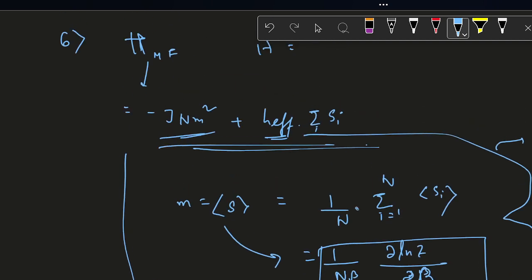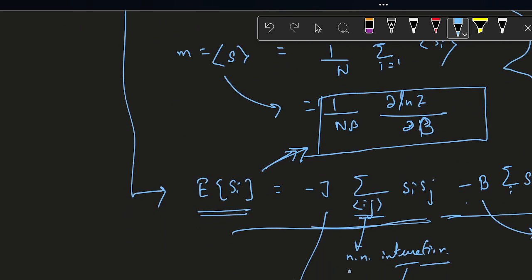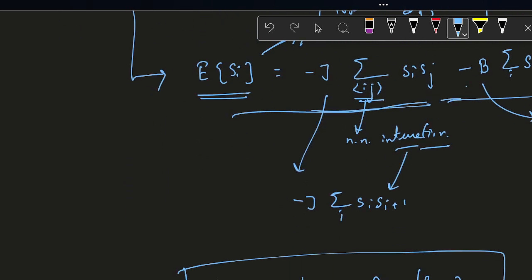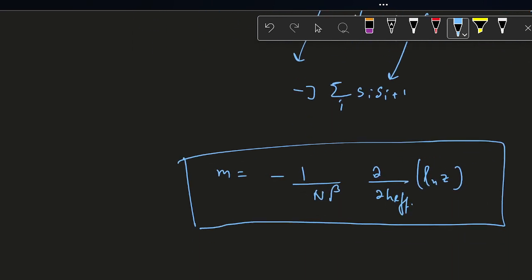But if you compare this Hamiltonian with our mean field Hamiltonian, you get that H effective is equivalent to minus B. So we just replace this B as minus H effective, so that there is a minus sign in front, minus 1 by N beta, and this becomes minus del H effective ln Z.